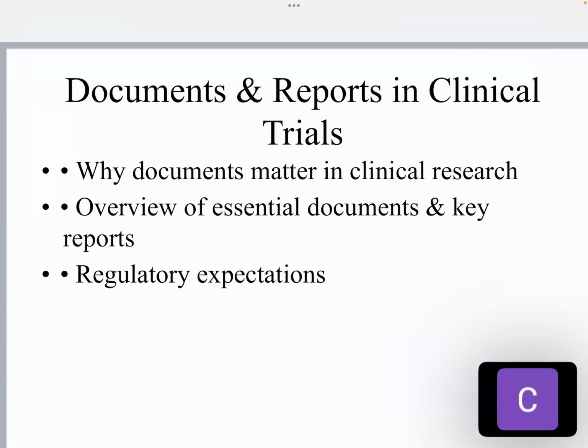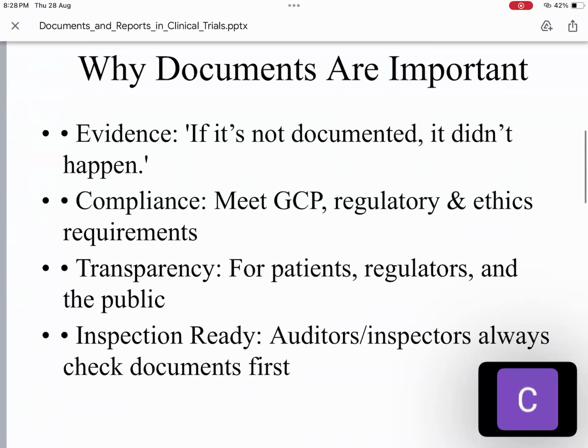So I can use this. Documents and reports in a clinical trial: as I explained, we generally divide them into planning, conduct, and after. So before, during, and after. Why do documents matter in clinical research? First line, read it, because this is evidence.